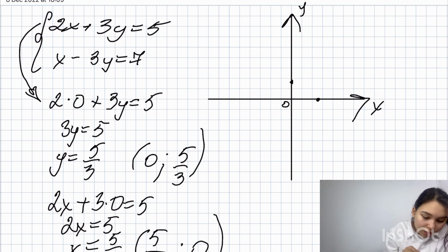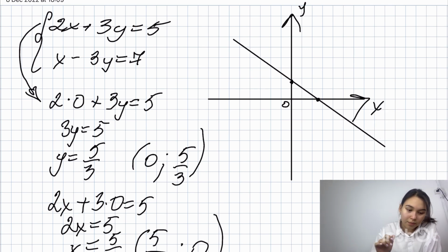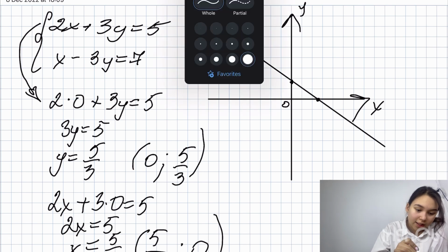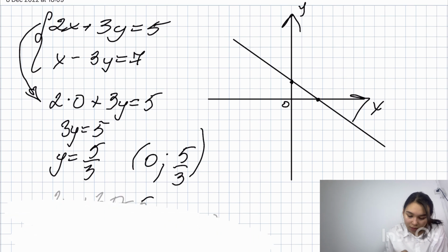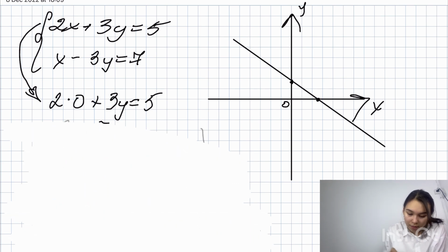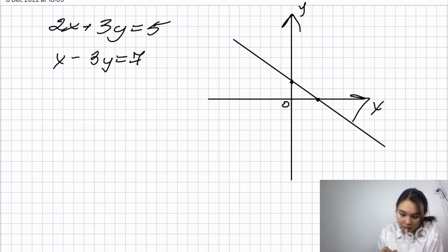So we should draw a line like this. Then let me erase this. I hope you are writing with me, because we don't have enough space.